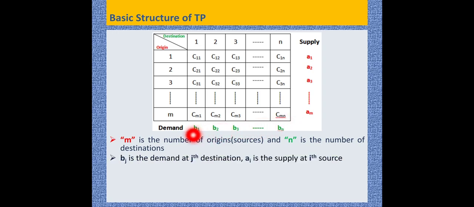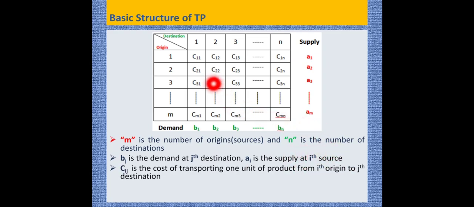Here B1, B2, B3 up to Bn is the demand at that particular destination, and A1, A2, A3 is nothing but the supply at that particular source. So here Bj is the demand at jth destination and Ai is the supply at ith source.